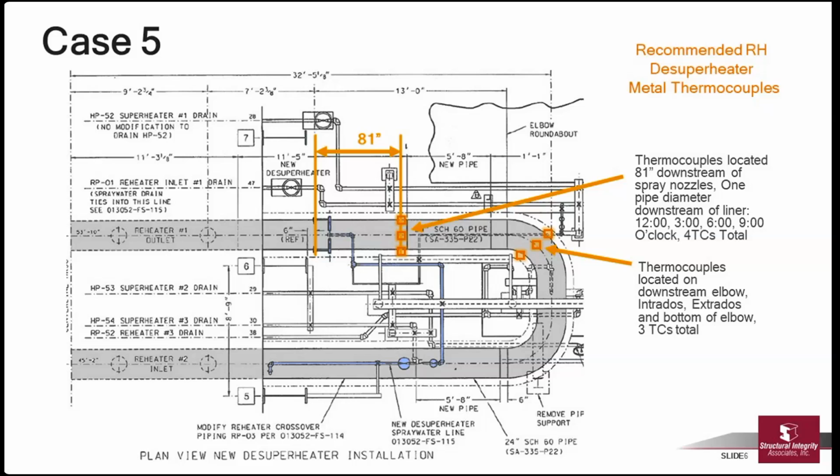A lot of these units, flow comes from the top side here and flows around and goes out the inlet on the bottom of this pipe, but then the attemperator right now is on the upstream side of that U-bend. There was a previous design where the attemperator was on the downstream side of the U-bend. And often what that led to is spray water making it into those tubes immediately downstream.